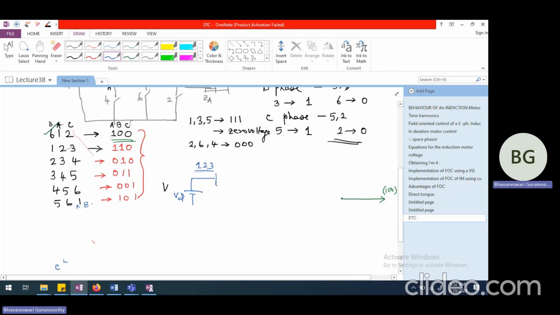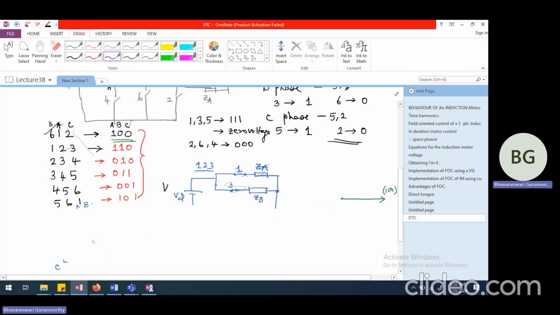And from the positive, I'm going to have 1 connected to A phase. So this is going to be ZA. And I'm going to have 3 connected to ZB, which is corresponding to B phase.